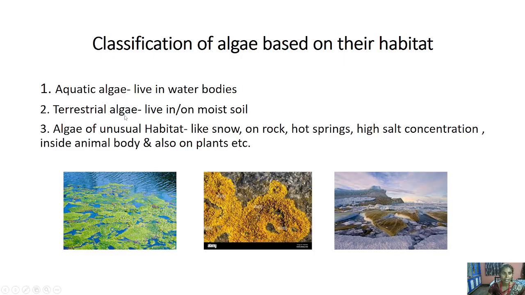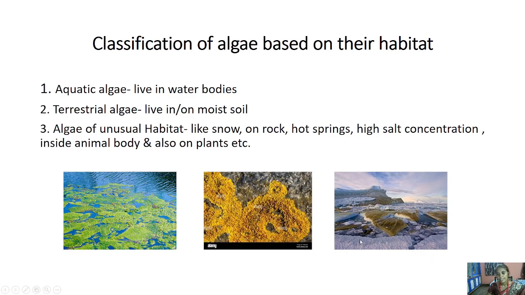Coming to the second type, terrestrial algae, they prefer to grow or live in or on moist soil or wet soil. And the third category of algae based on their habitat is algae of unusual habitat, which are generally found on snow, rock, hot springs, in high salt concentrations, inside animal bodies, and also on plants.